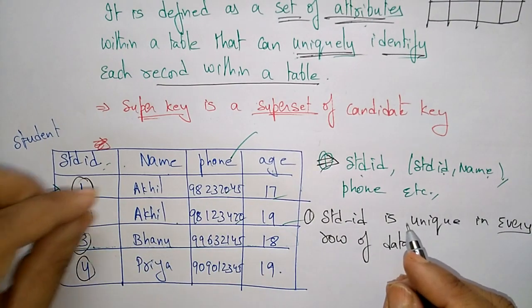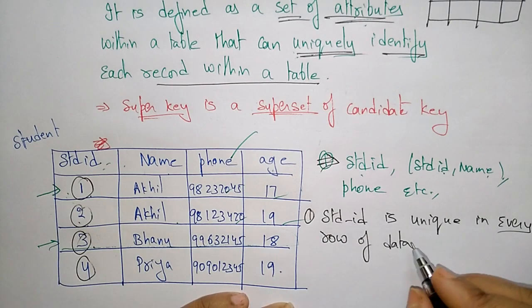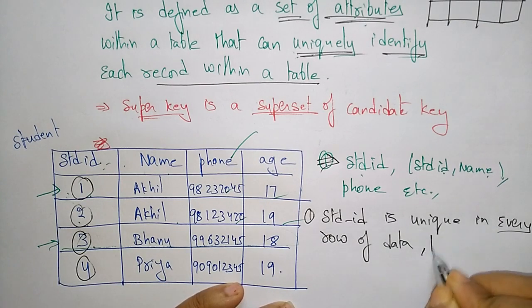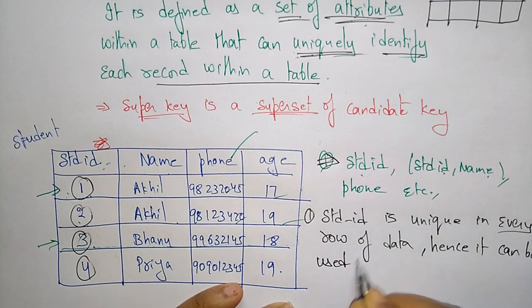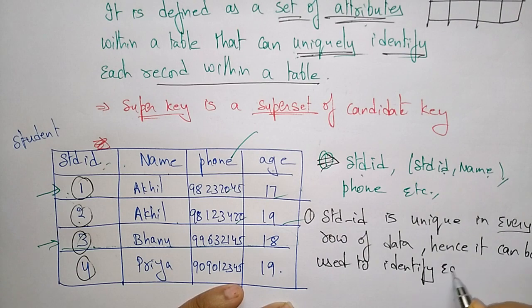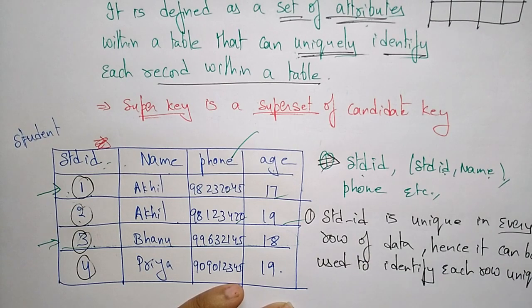It means the same ID is not for two different people. Student ID is unique in every row of data. Hence, it can be used to identify each row uniquely. So in this case, the student ID, you call it a super key.